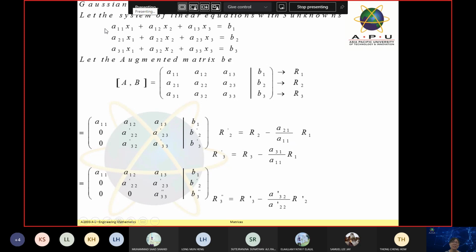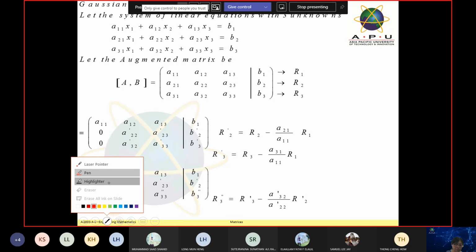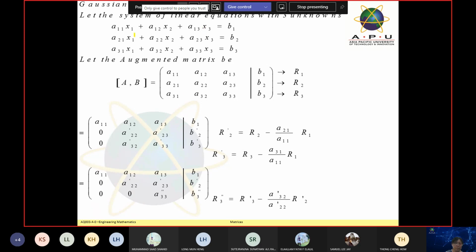That means when you need to solve simultaneous equations for 3 unknowns, you require the 3 equations here, like what you can see right here: first, second, and third equation. X1, X2, X3 are the unknowns. Can you see X1, X2, and X3? These are the unknowns that you need to find the values of.